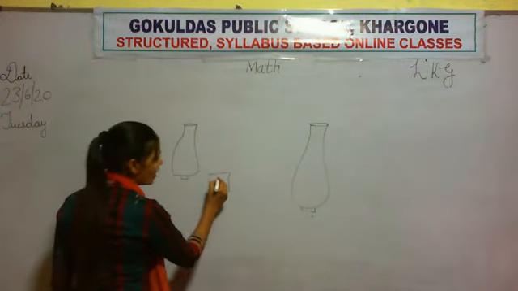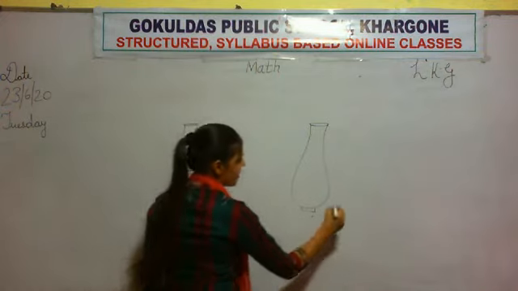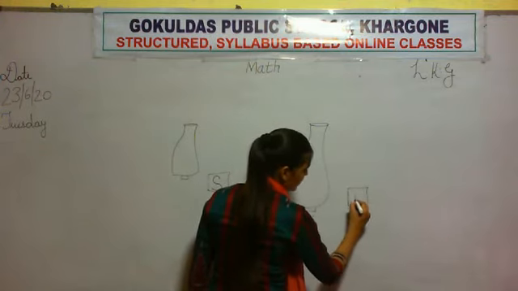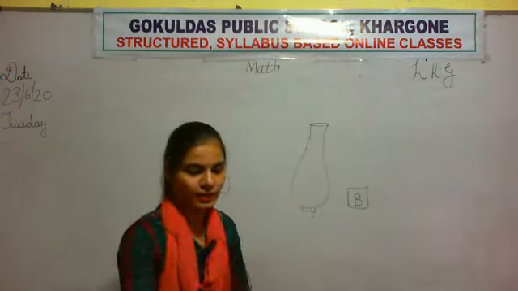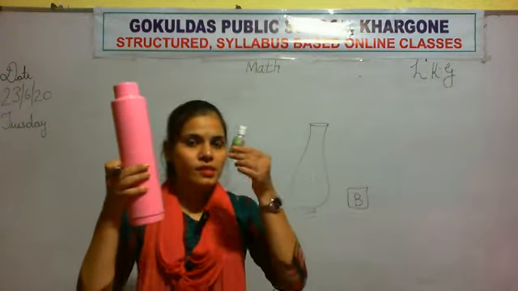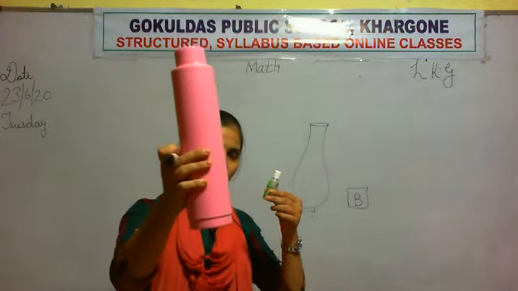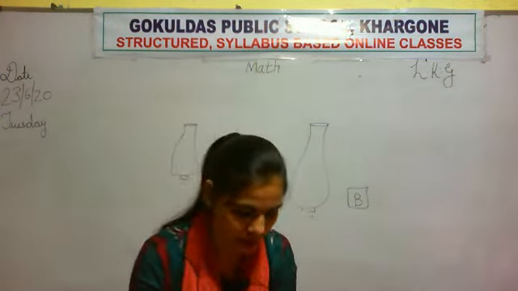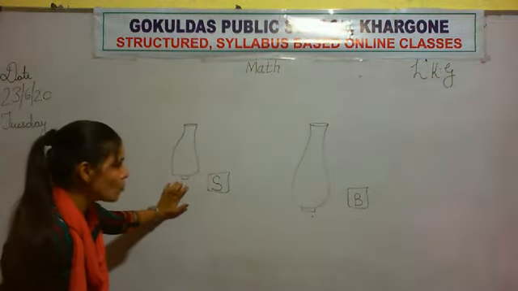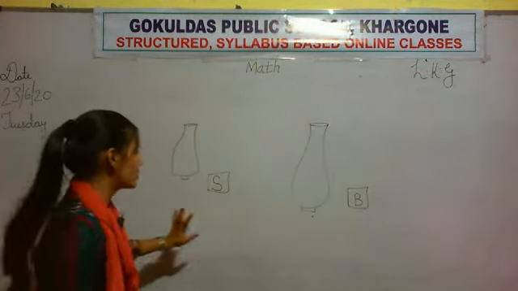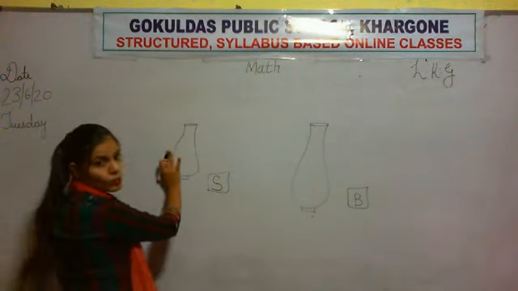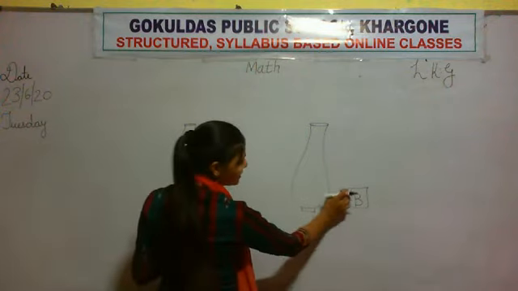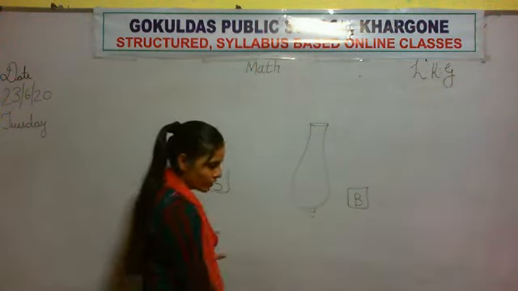Which one is small stands for S and which one is big stands for B. Big bottle, small bottle. Here small bottle, big bottle. So S stands for small bottle and B stands for big bottle.